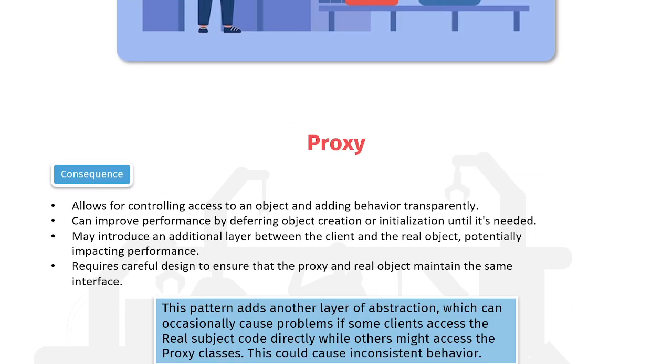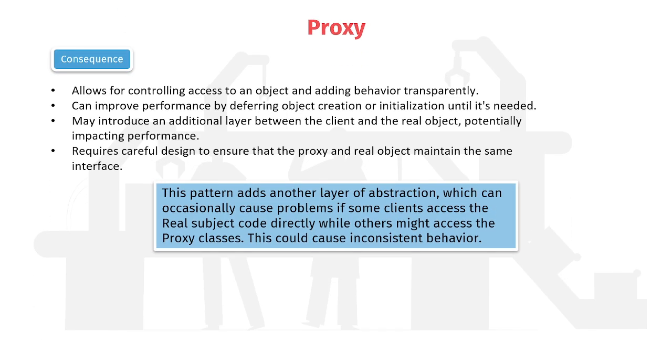Now if we go to the consequences coming out of this, it allows controlling access to an object by adding behavior transparently, and it can improve the performance by deferring object creation or initialization until it's needed. So if it is an allowed operation, we can create the object. If not, we can redirect.